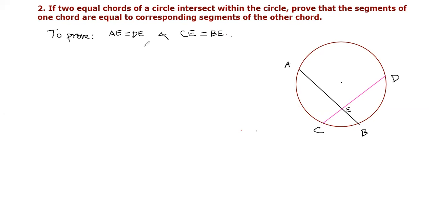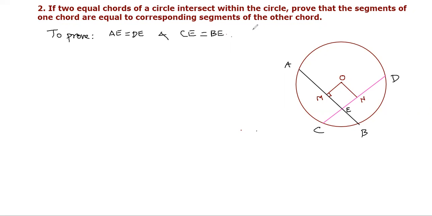So draw perpendicular OM. Draw perpendicular from O to AB, and another perpendicular from O to CD. This is center O, and draw perpendicular OM and perpendicular ON.